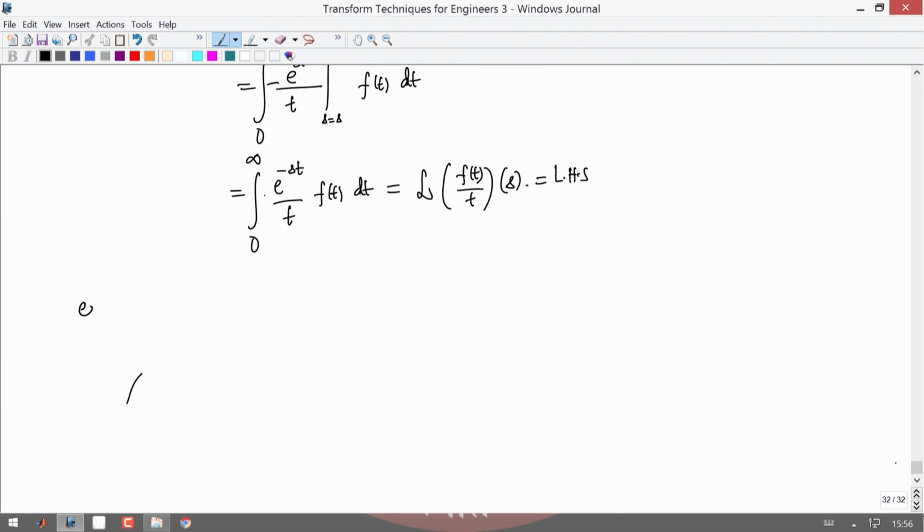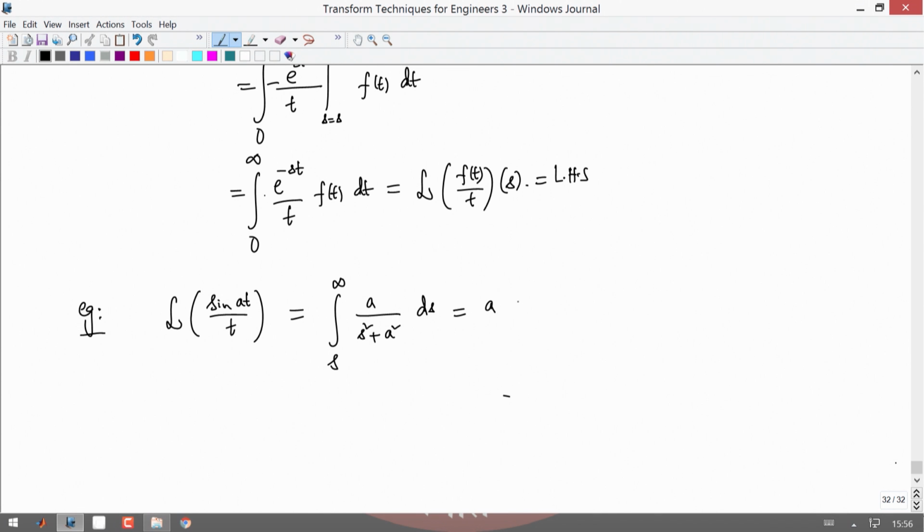So, we can do some examples, such as what is the Laplace transform of sin at by t. Directly, if you use the integral from s to infinity of the Laplace transform of sin at, that is a divided by s square plus a square, we have ds.